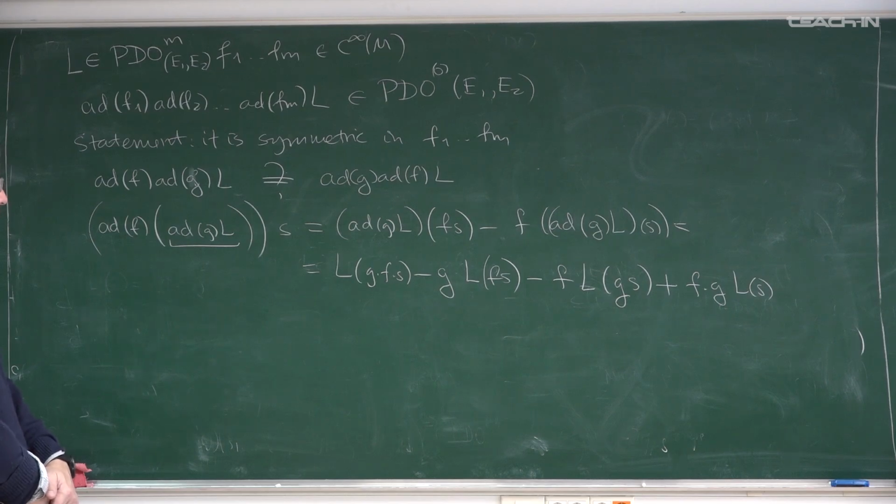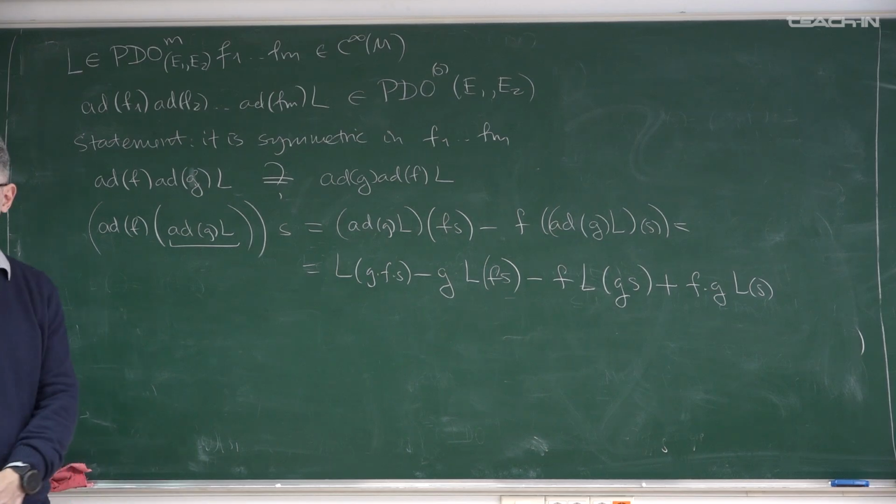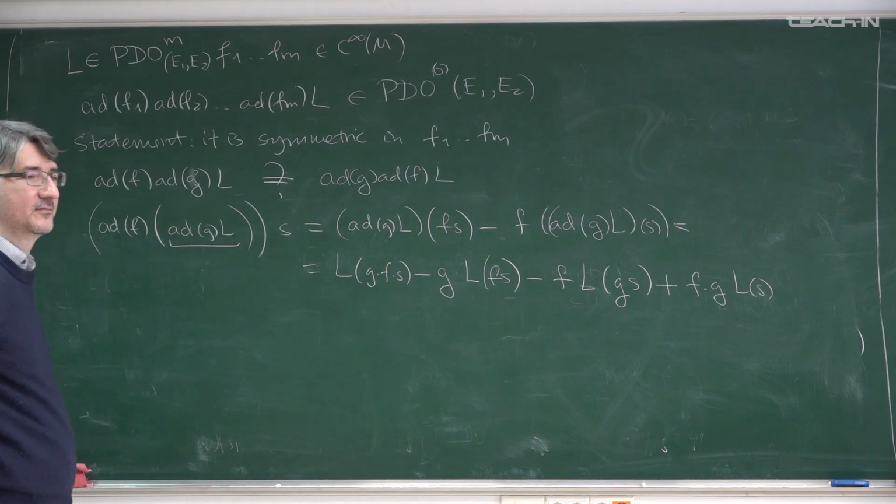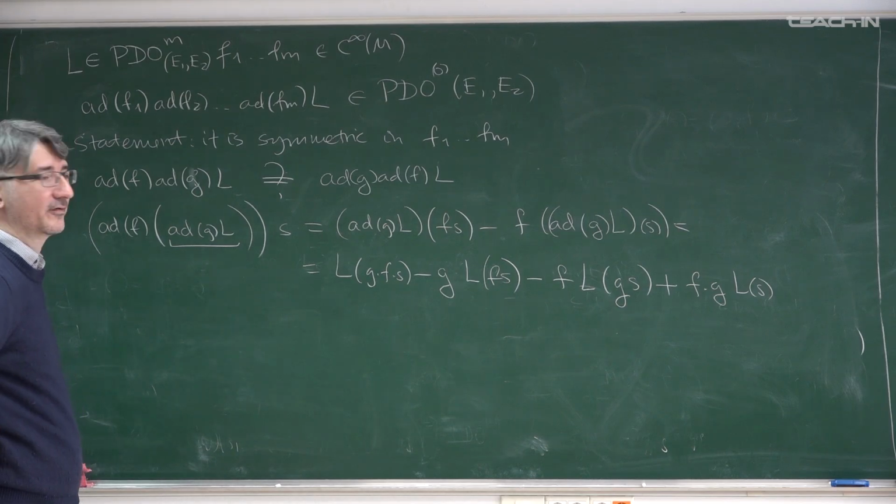Or I'm not right. Well, what do I want to prove? Why doesn't it work? I forgot what I want to prove. It looks like this thing is symmetric in f and g. So yes, everything is okay.